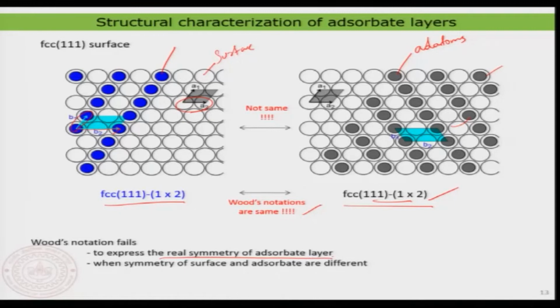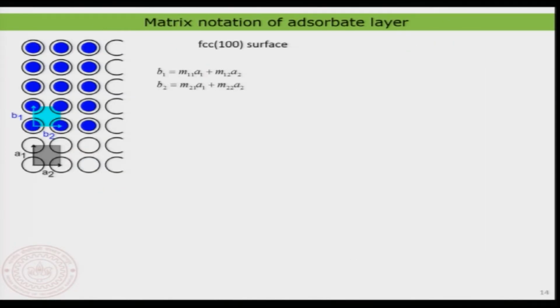Wood's notation does not represent the real symmetry of the Adlayer. That is why we need another, clearer and more methodical type of notation, which is known as the metric notation.